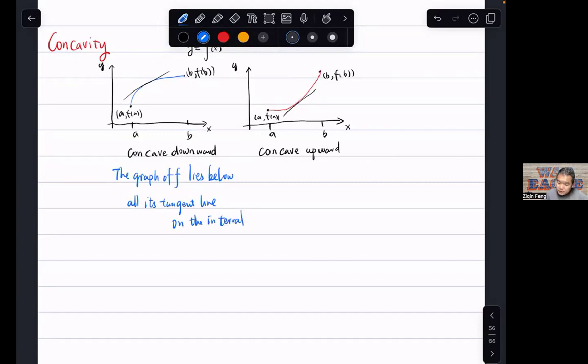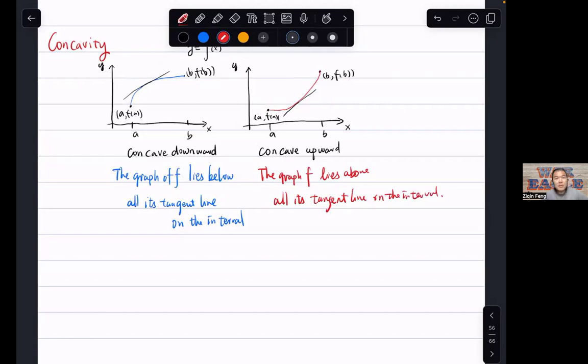And concave upward means the graph of f lies above all its tangent lines on the interval. So that's what happens. You have concave upward and concave downward.